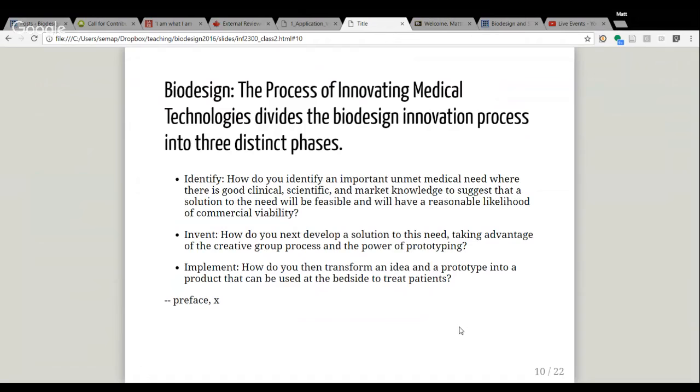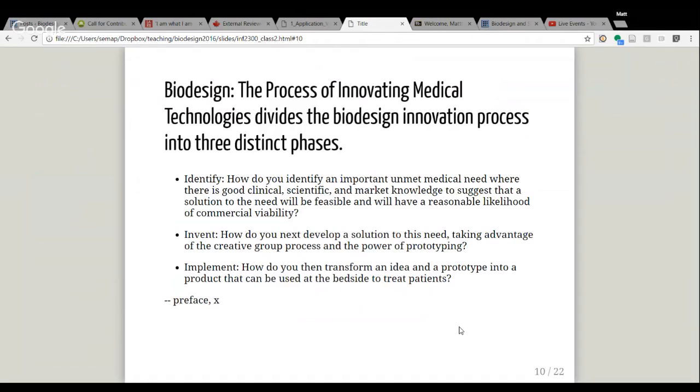And the second is invention. How do you develop a solution? Now, we're going to focus on a specific range of technologies and provide technological boot camps on these technologies during the course to hopefully structure this process a little bit more. But we'll certainly be doing that as the class proceeds. And then the idea of implementation.